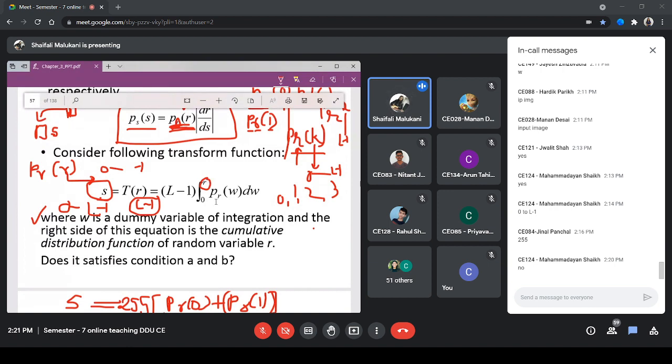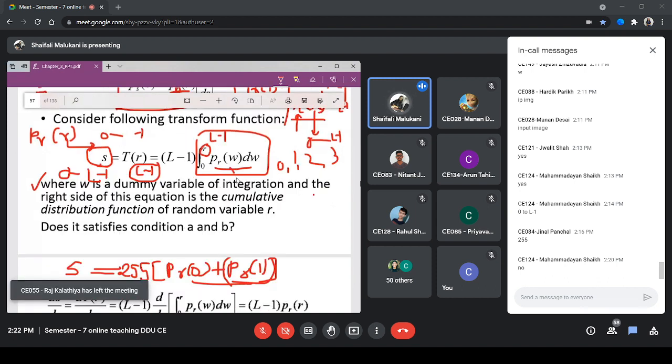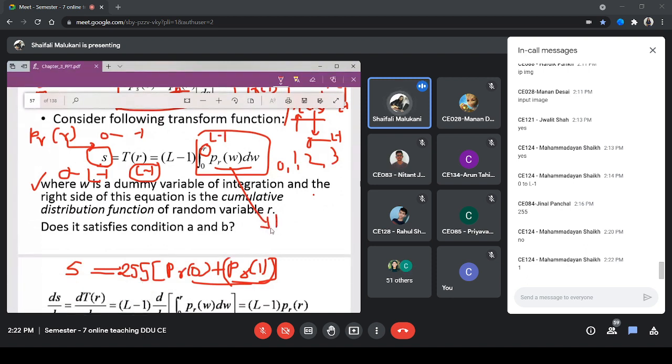That means this should be the summation of probability of occurrence of 0 plus probability of occurrence of 1 plus probability of occurrence of 2, up to probability of occurrence of L minus 1. Can you tell me what that summation will result to? It is going to be 1, true.